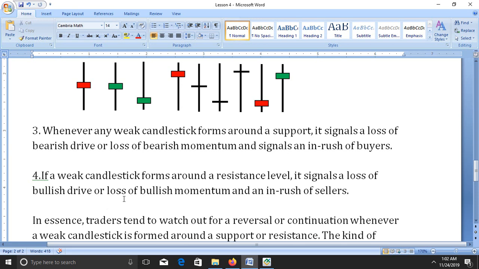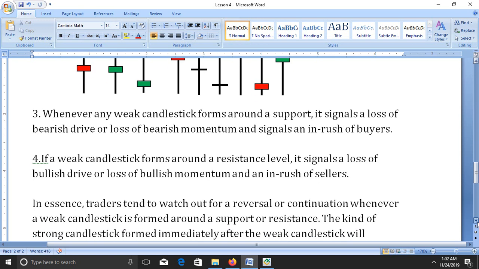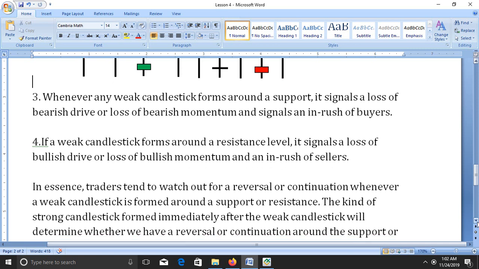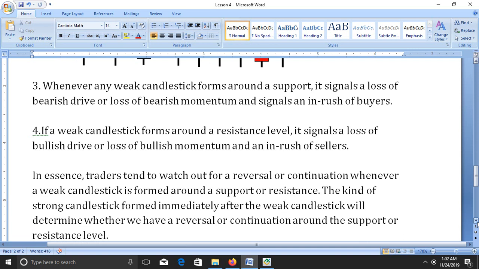Because a weak candlestick forming around a resistance level signals a loss of bullish drive or loss of bullish momentum and an inrush of sellers. It simply signifies that it is sellers' time. In essence, traders tend to watch out for reversal or continuation whenever a weak candlestick is formed around a support or resistance.